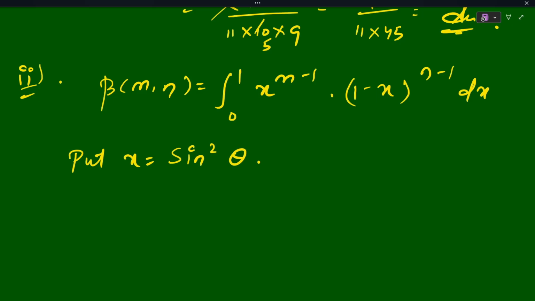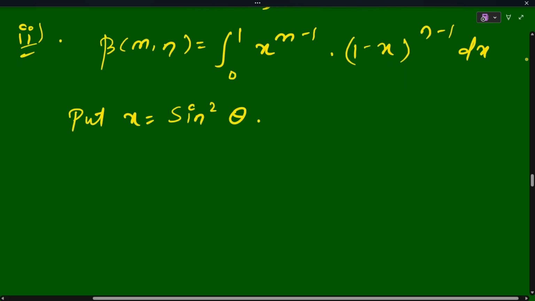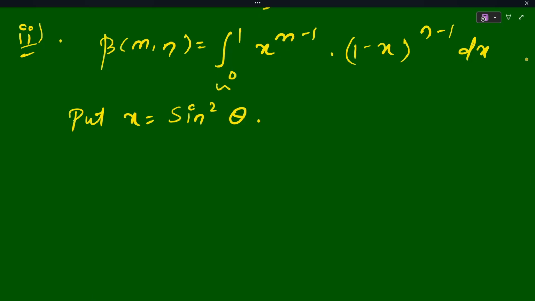Okay, so now let's see what will be the value. So first thing is we have to change this limit. Then we have to find this 1 by x also, then we have to find this dx also. So let's first find out this dx value.